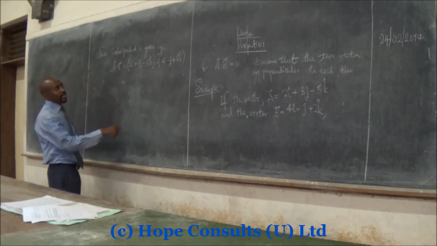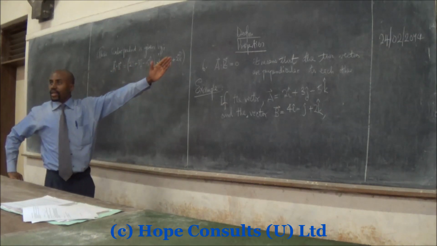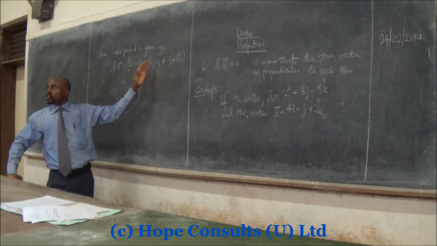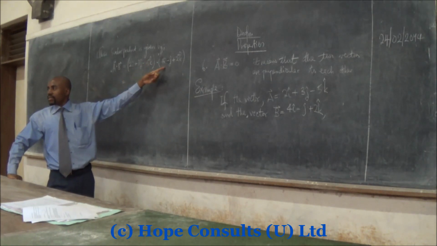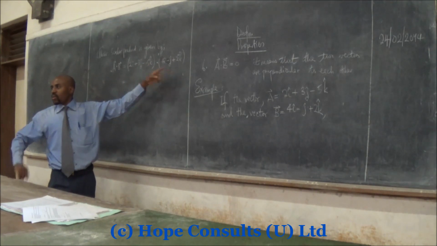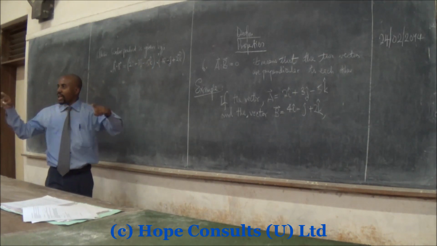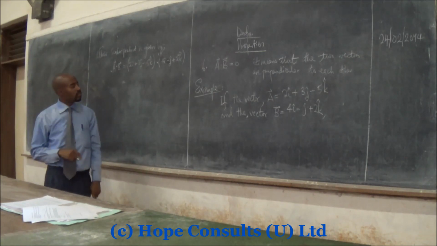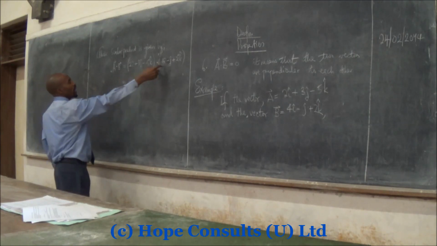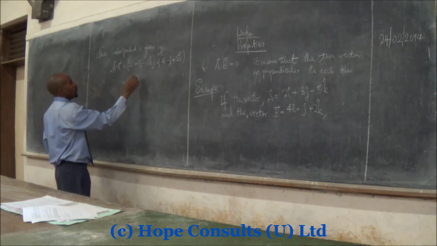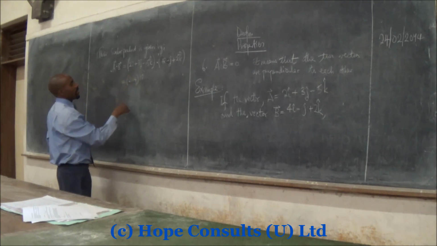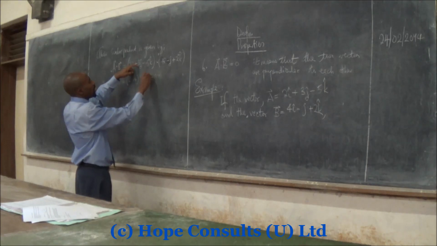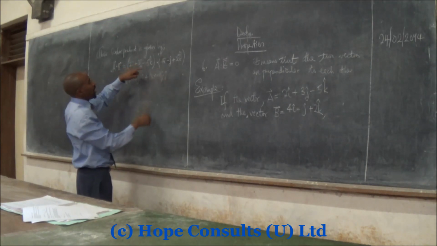So this would go in the 3 of them, but as it goes in the 3 of them, it is only the i dot i that survives. The i dot j is 1 times 1, and then the angle between them is 90, and the cosine of 90 is 0. So we're going to get 2 by 4. Then we add on 3 by negative 1. The j dot j survives.